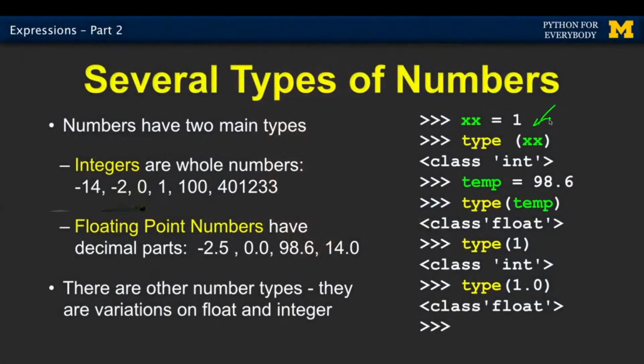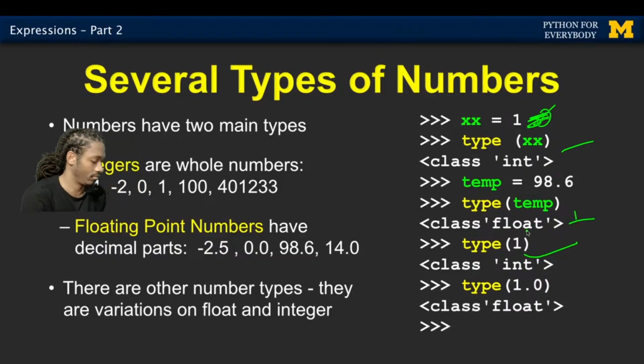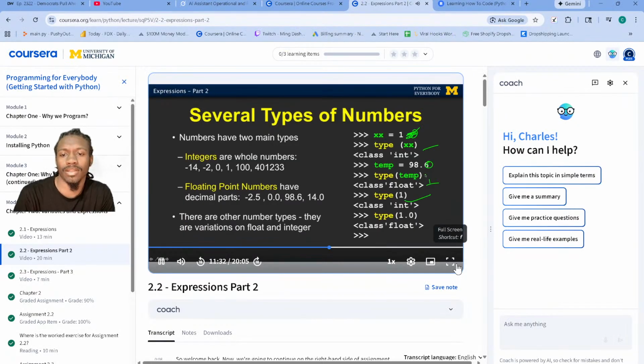And so there's several types of numbers that we've already sort of been implicitly playing with. Like I said, you can give a variable to type, or you can give a constant to type. Variables and constants that don't have decimal places are what are called integers, and those that have decimal places are called floating points. Even if this was a 98.0, it would still be a floating point. As soon as you put the point there, it means it's a floating point.